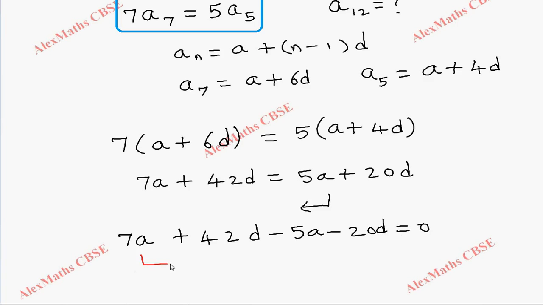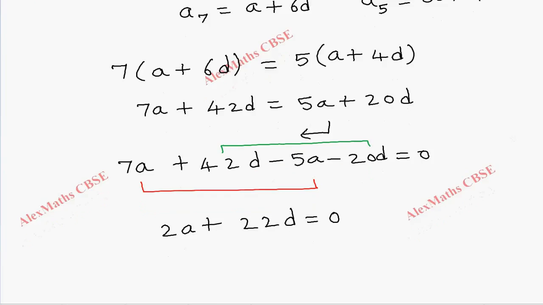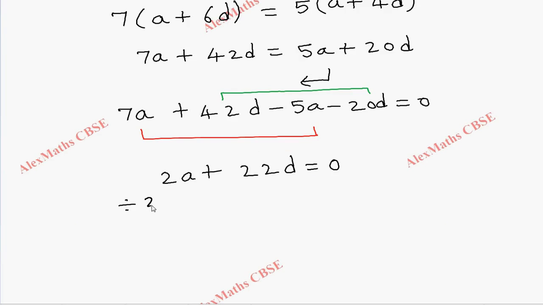Now combining these two, after subtraction, it is 2A. In the same way, combining these two, after subtraction, it is 22D equal to 0. We can divide every term by 2. So this will become A plus 11D, which is equal to 0.